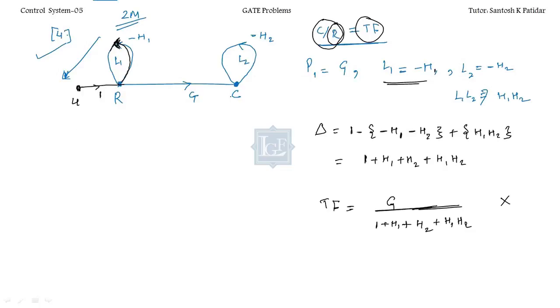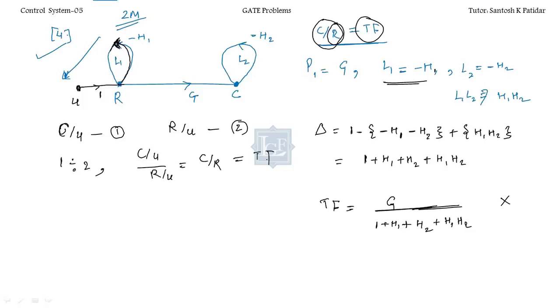Now I can find C by U in the first case. In the second case I'll find R by U. Then I'll divide 1 by 2, so I'll get C by U over R by U. Finally it will be C by R, and this is my answer.